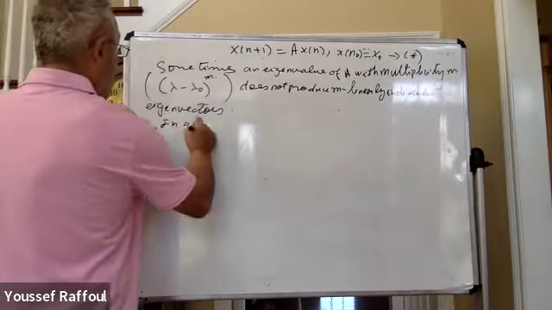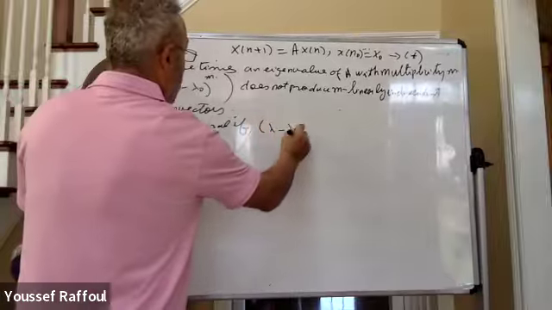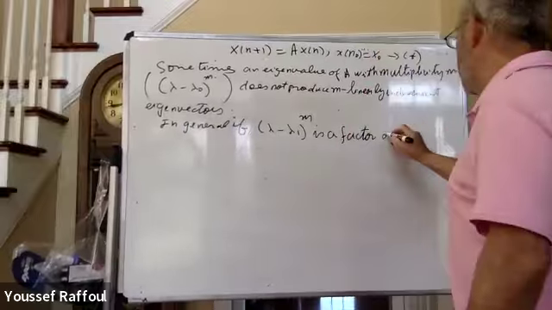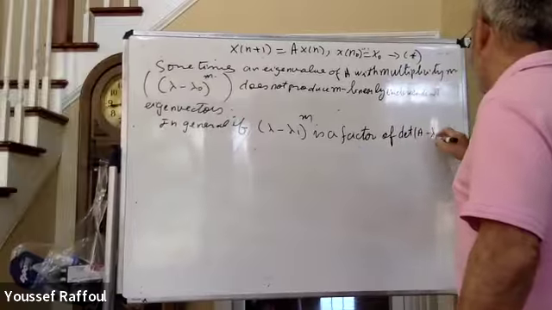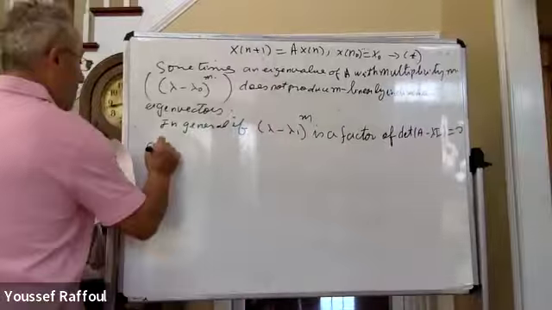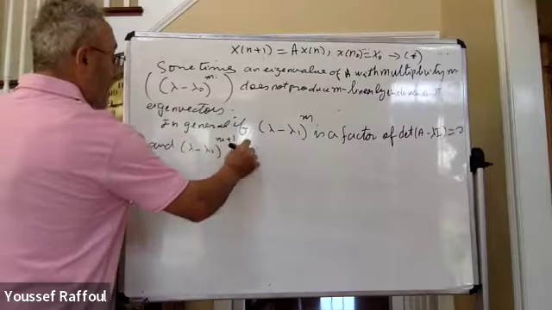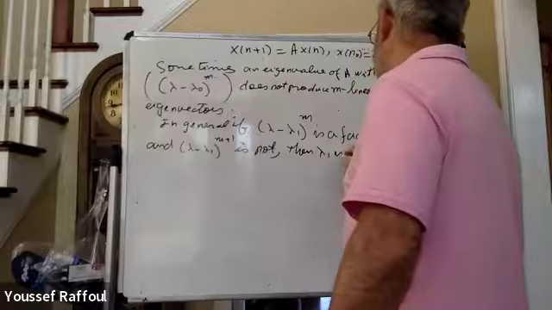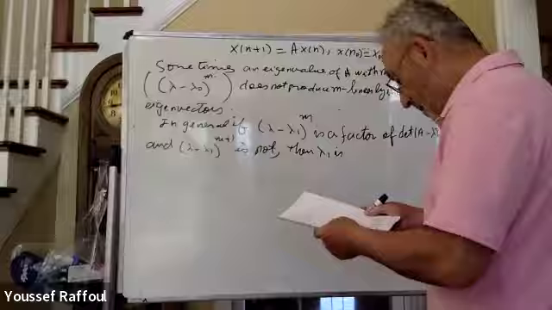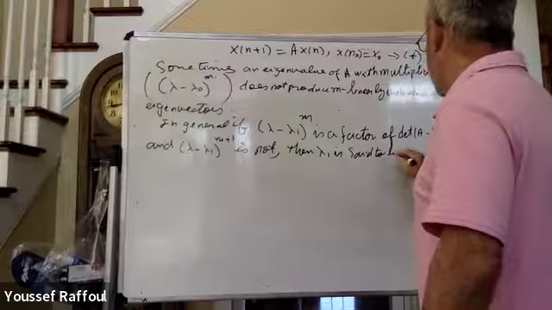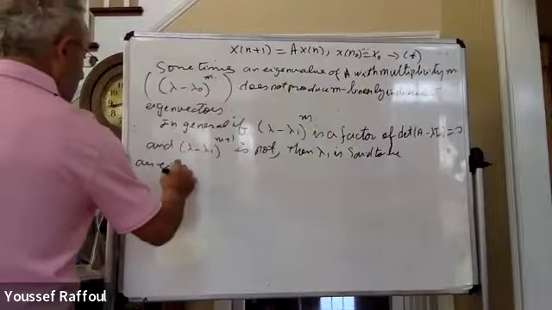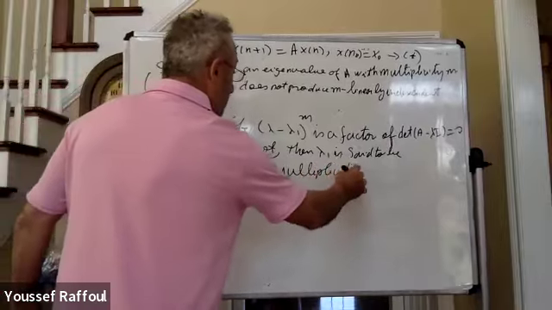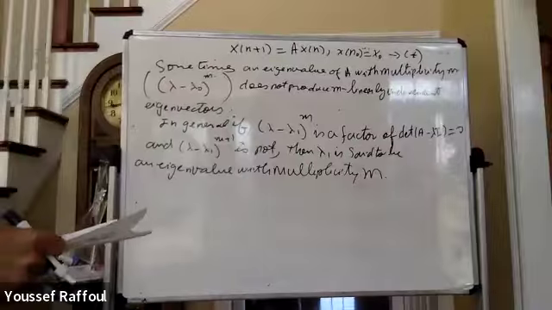So in general, if lambda minus lambda_1 to the power m is a factor of determinant of A minus lambda I equals 0, and lambda minus lambda_1 to the m plus 1 is not, then lambda_1 is said to be an eigenvalue with multiplicity m. Okay?